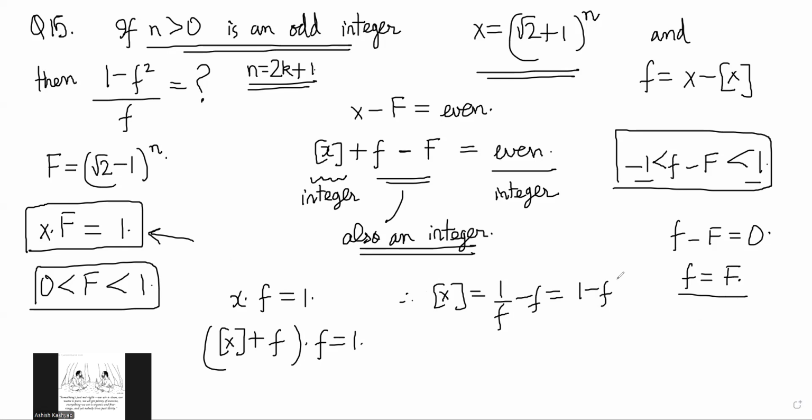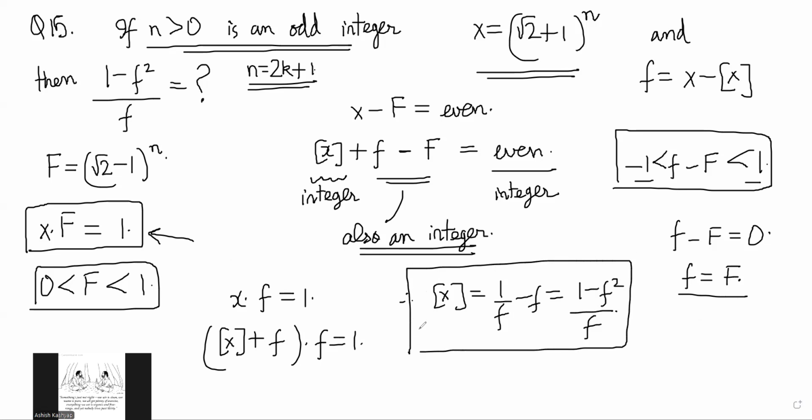So that is 1 minus f square by f, right? So GIF of x is equal to this. So 1 minus f square by f is clearly equal to an integer. And since f minus F was 0 and this side was even, GIF of x is an even integer. So we have gotten that 1 minus f square by f is an even integer.